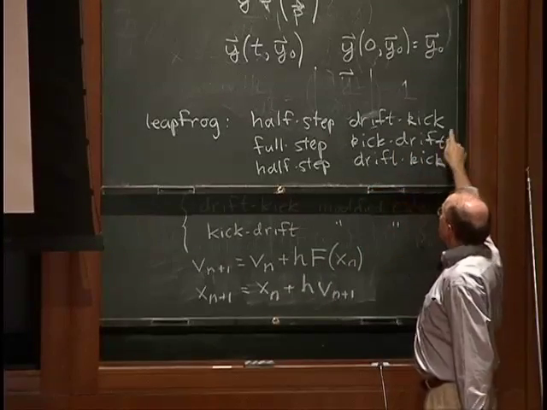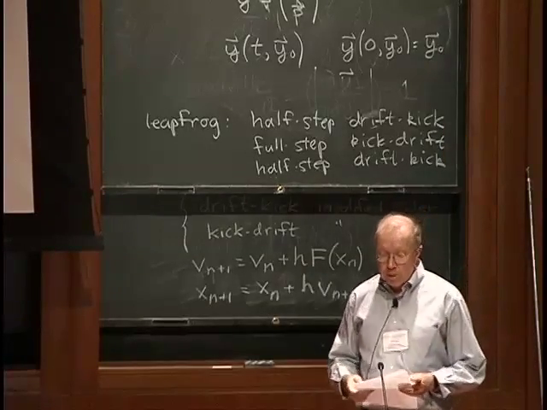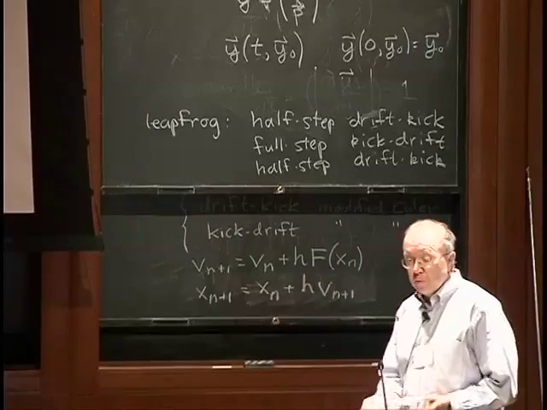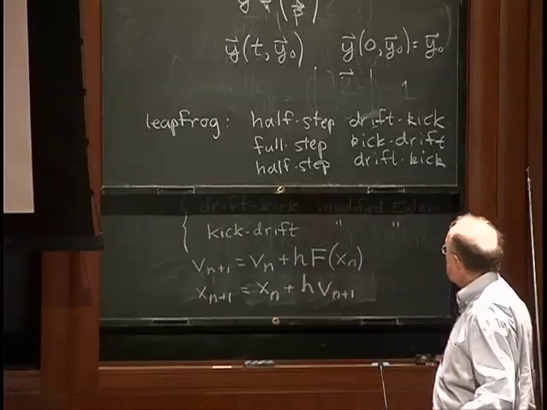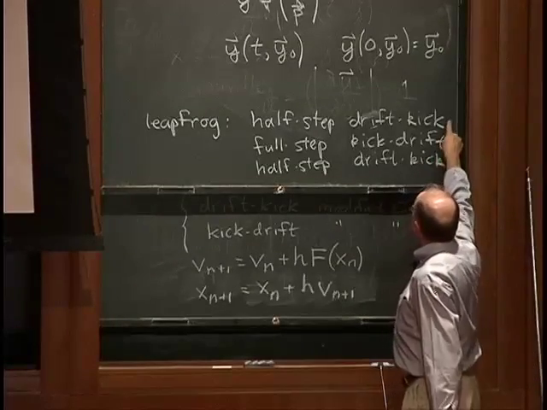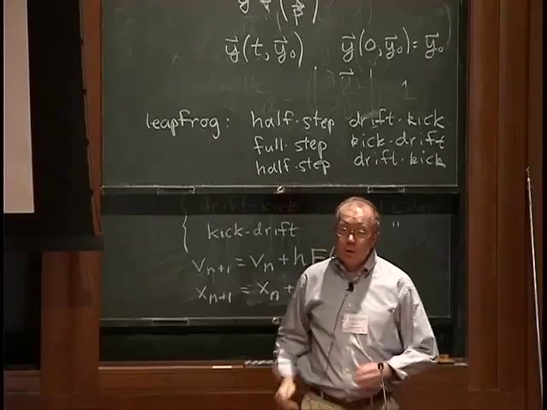So we've argued that each of these three components of Leapfrog satisfies Liouville's theorem. So the phase space density is conserved, or phase space volume is conserved in this step, and this step. Therefore, it must be conserved in Leapfrog.